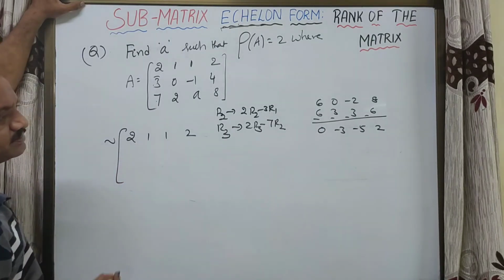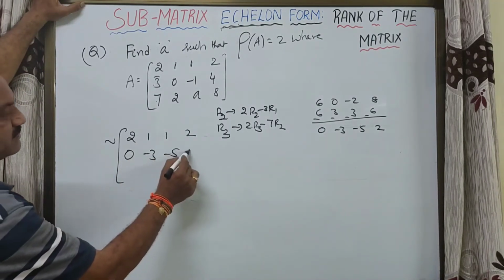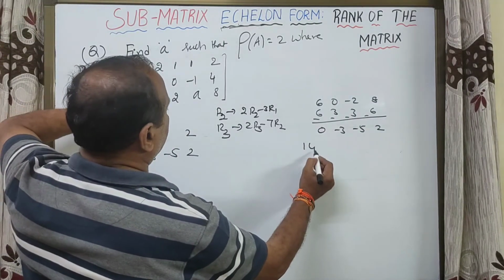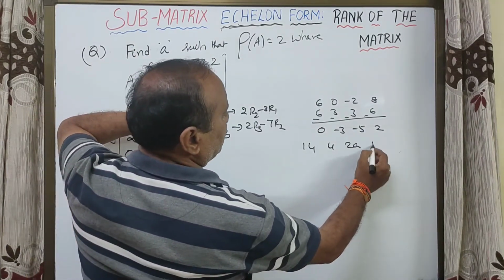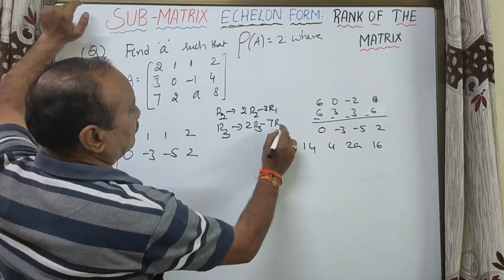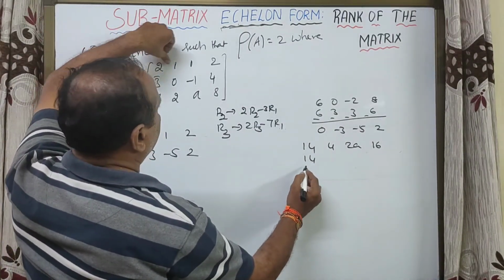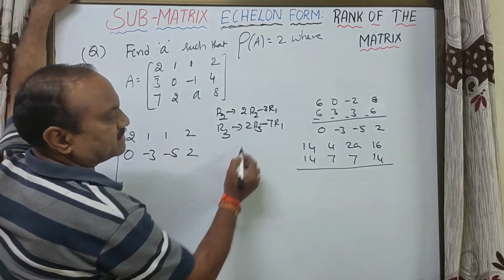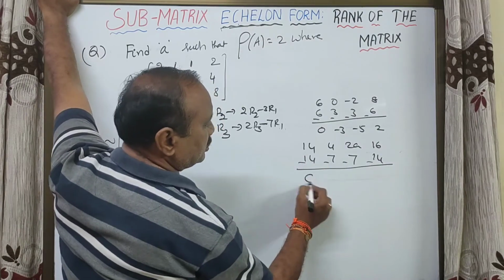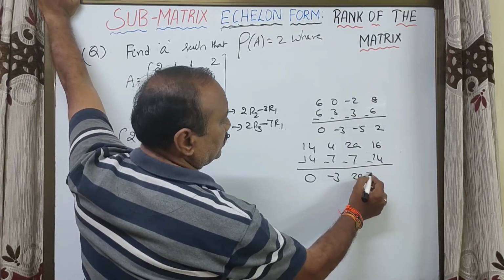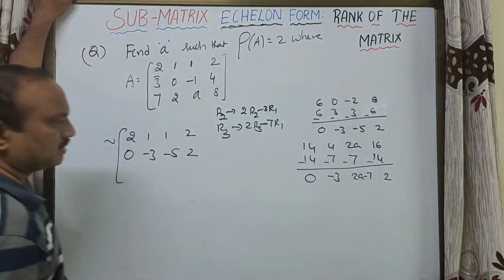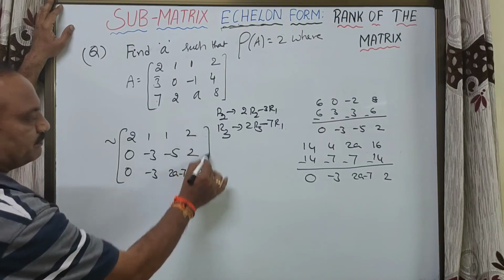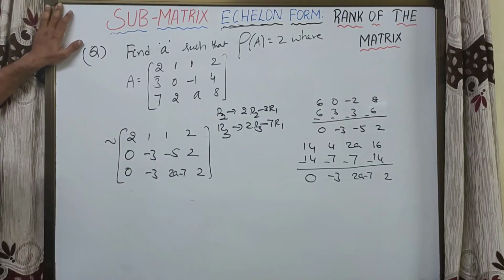R1 is fixed. 0, minus 3, minus 5, 2. 2R3 is 14, 4, 2a, 16. 7R1 is 14, 7, 7, 14. Subtract: 0, minus 3, 2a minus 7, 2. 0, minus 3, 2a minus 7, 2. See, this is the same as the other row.